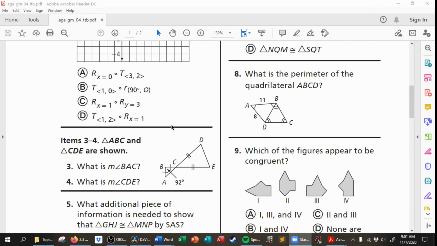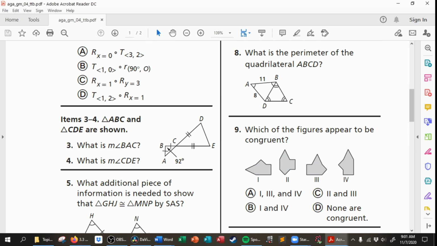Oh, yeah, don't skip all this. Number 8. What is the perimeter of the quadrilateral ABCD? So you guys have been doing perimeter for years now. And just remember that the perimeter means the sum of the side lengths. So that just means I need to add up everything on the outside of this figure.